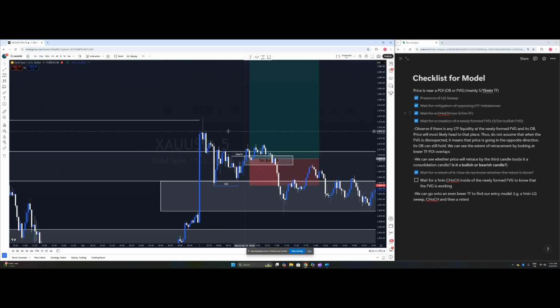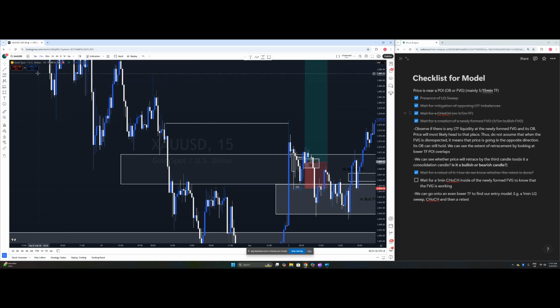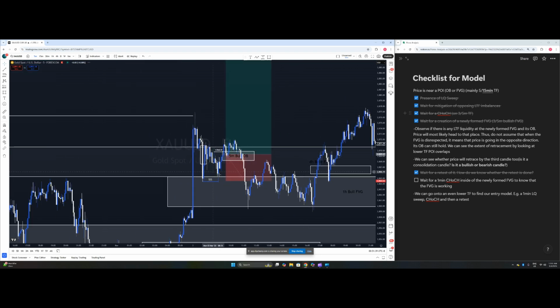On the 5 minutes, how I know it's a liquidity sweep is because of this 5 minute bearish fair value gap that got created, right? So price came down to mitigate the 1-hour bullish fair value gap, right?